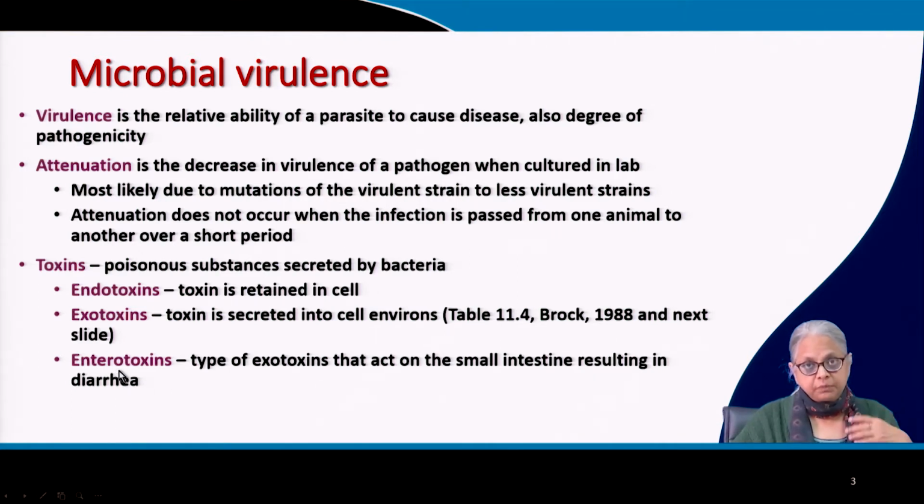Entero by definition means within the gastrointestinal tract. So these types of exotoxins that act in the small intestine can cause diarrhea, stomach upset and all these kinds of things. So very often when we talk about contaminated food and water and we have a stomach upset or diarrhea, that's because of perhaps these types of toxins.